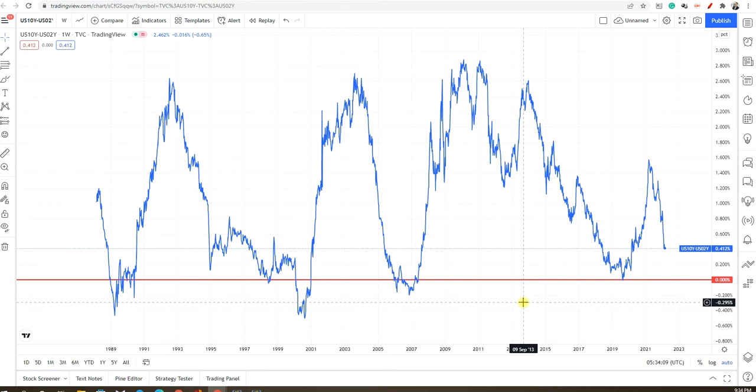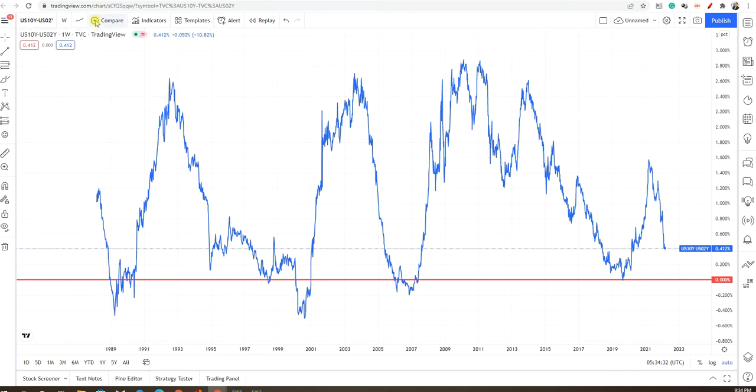That's right. When we have a negative reading or inverted yield curve, it doesn't mean we are falling into a bear market right away. No, it gives us 8 months to almost 18 months, then there is going to be a potential bear market.